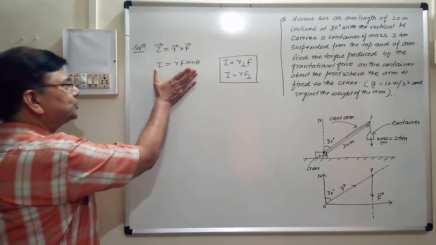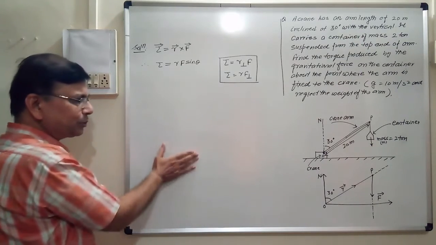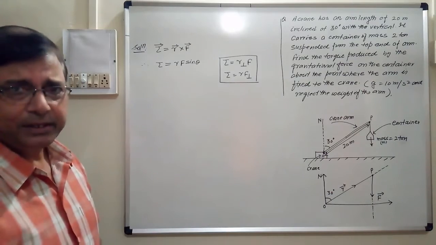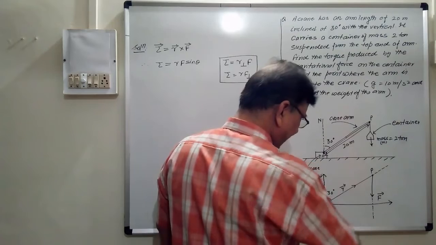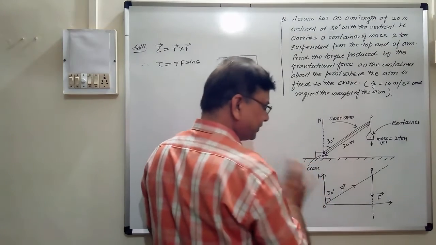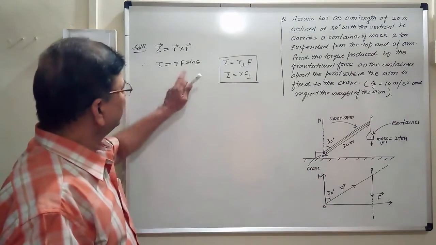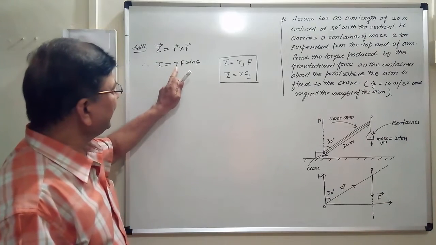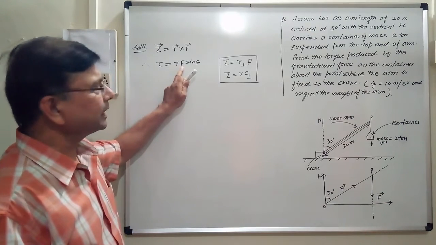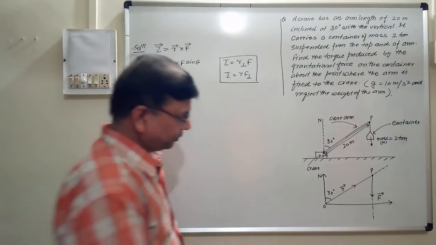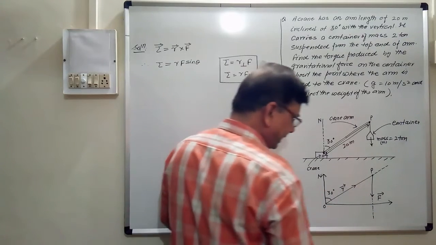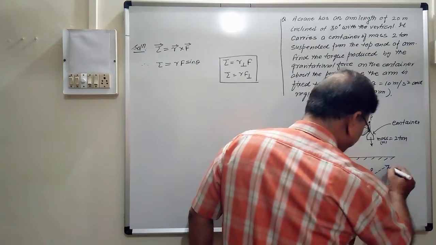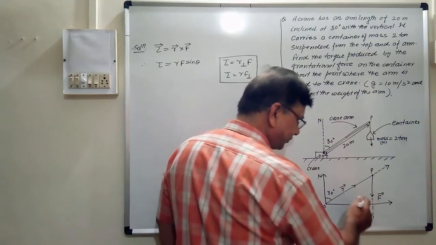So first I will use this, and I will show you how to find the torque acting on the arm about this point. So for that, you see, what is this theta? Theta is the angle between the position vector and the force. So position vector is this, force is acting over here, so direction of R is this, direction of force is this.